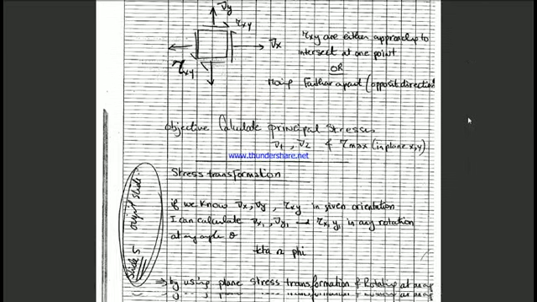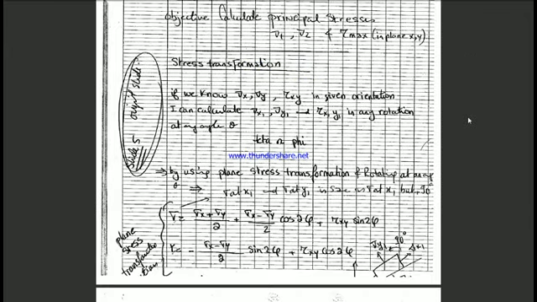So for the stress transformation, if we know sigma x, sigma y, and tau xy in a given orientation, we can calculate sigma x1, sigma y1, and tau x1y1 at any rotation, at any angle.